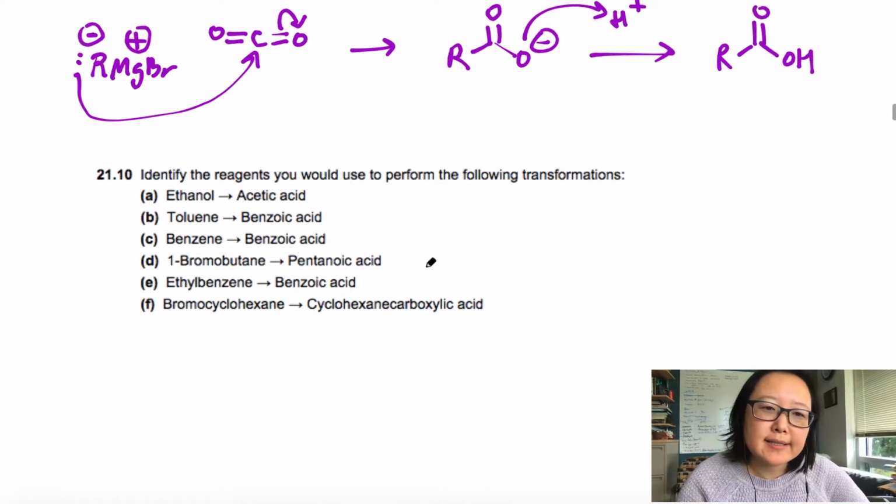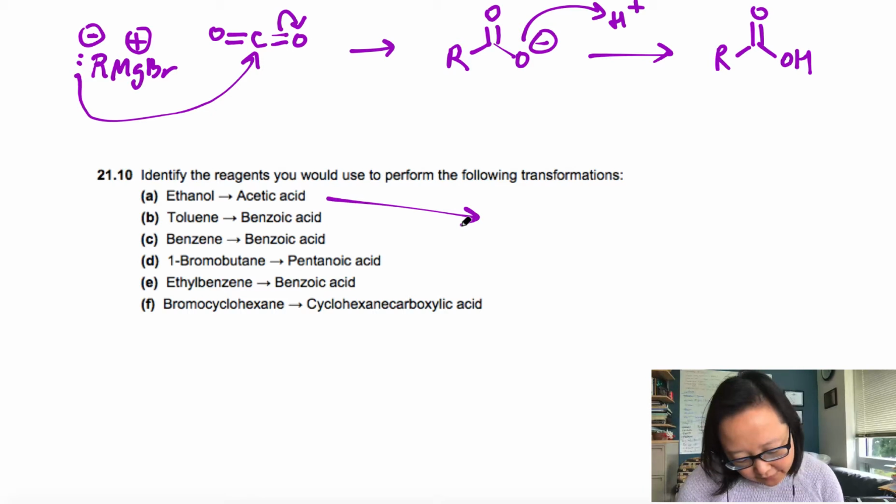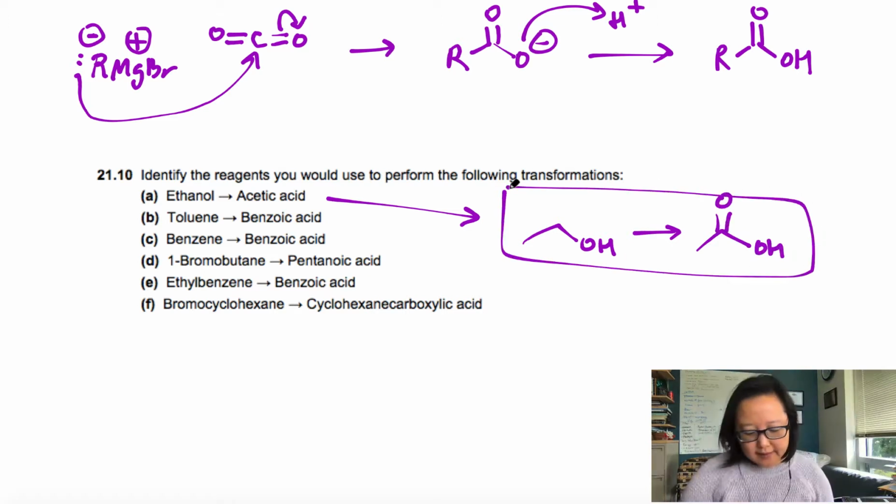So let's practice using some of these reactions, and I'll do A together, and you can check the answer key for the rest. Ethanol looks like this. We want to transform it to acetic acid, which is ethanoic acid, 2 carbons. So we're taking a primary alcohol, oxidizing it all the way to carboxylic acid.